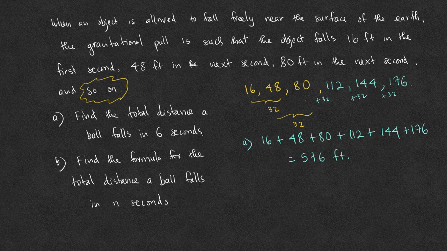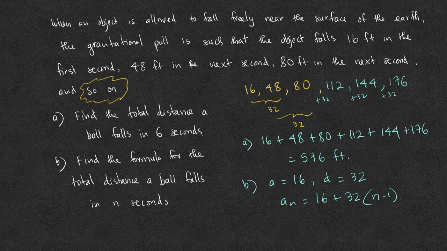For part B, we're looking for the formula, but we also observe that this is an arithmetic sequence where the initial term is 16 and the common difference is 32. And so we have a sub n, the nth term formula for the arithmetic sequence, is 16 plus 32 times n minus 1, where a is 16 and d equals 32.